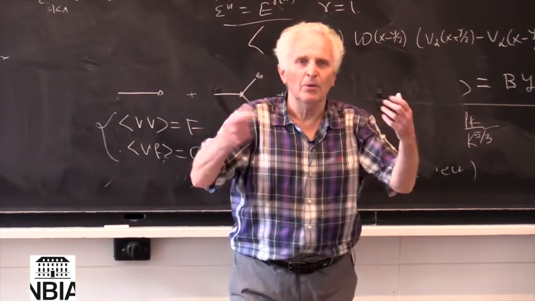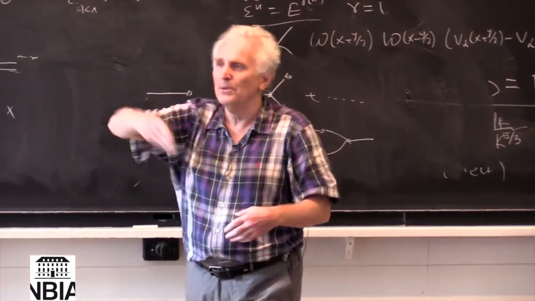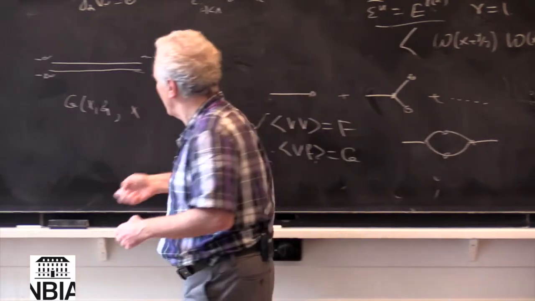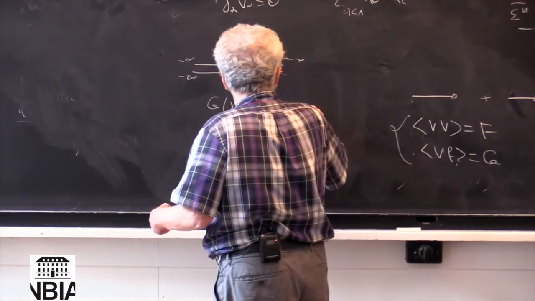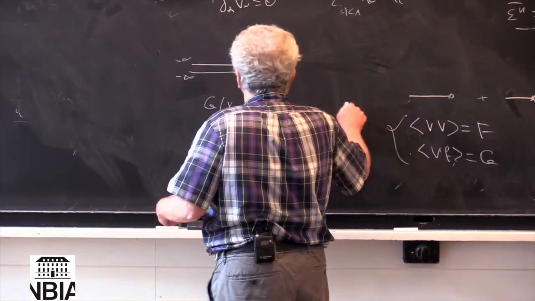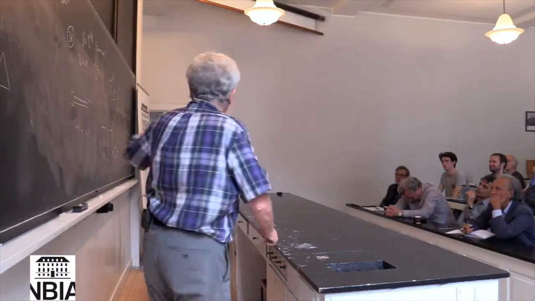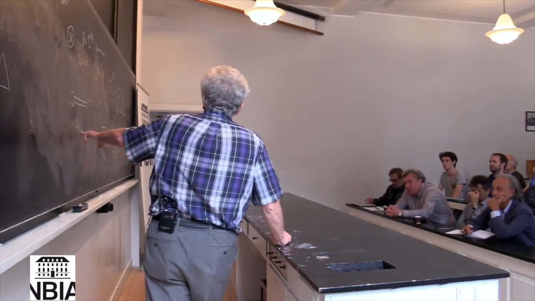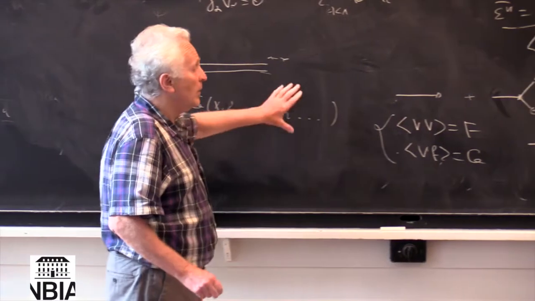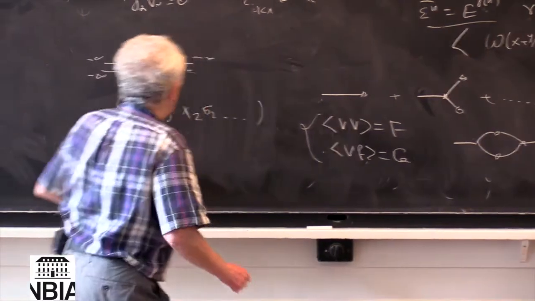You may not know what you are doing, propagating to the future and to the past, but these indices tell you what you are really doing. And then you have the usual Feynman rules, but you also have to sum over things.